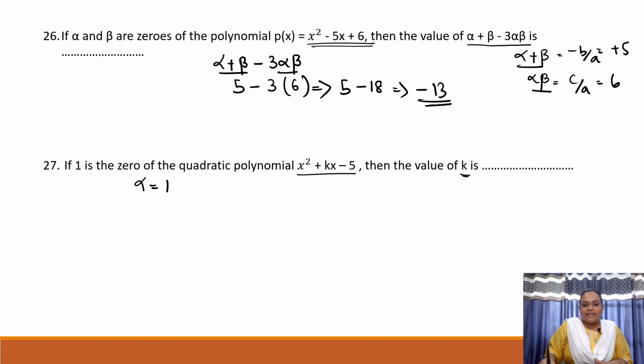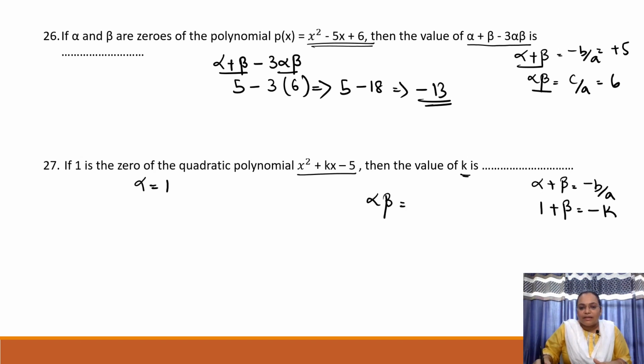So from this given quadratic polynomial, let us quickly find alpha plus beta. What is alpha plus beta? Minus b by a. We have alpha is 1. Yes, alpha plus beta is equal to minus k. Correct? Now, let us find alpha beta as well.